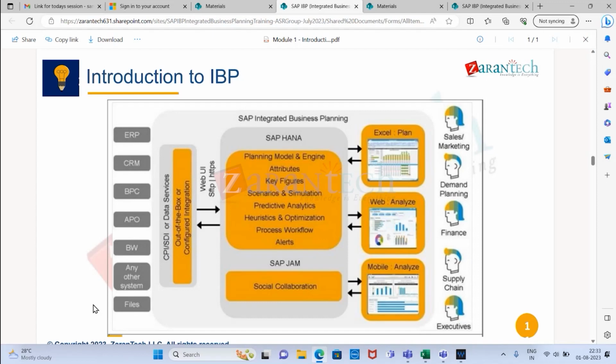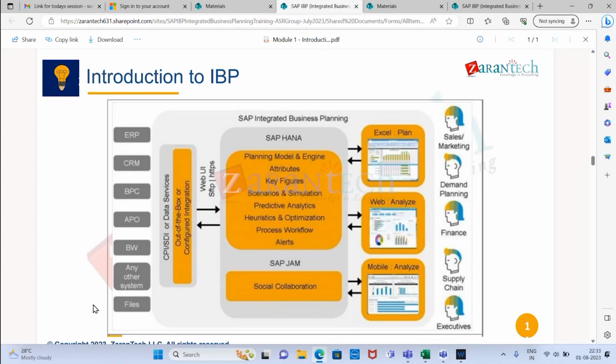Then the next one is APO. Do you know what is APO? No, I don't know. Okay. So APO is basically an advanced version of the SAP production planning system.